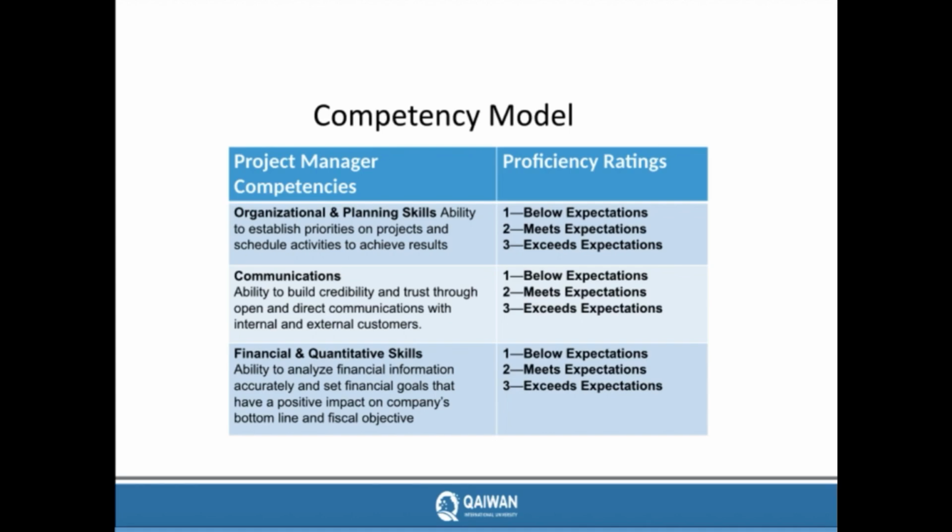And also communication: this competency measures the ability to build credibility and trust through open and direct communication with internal and external stakeholders. The proficiency rating could be below, meets, and exceeds.